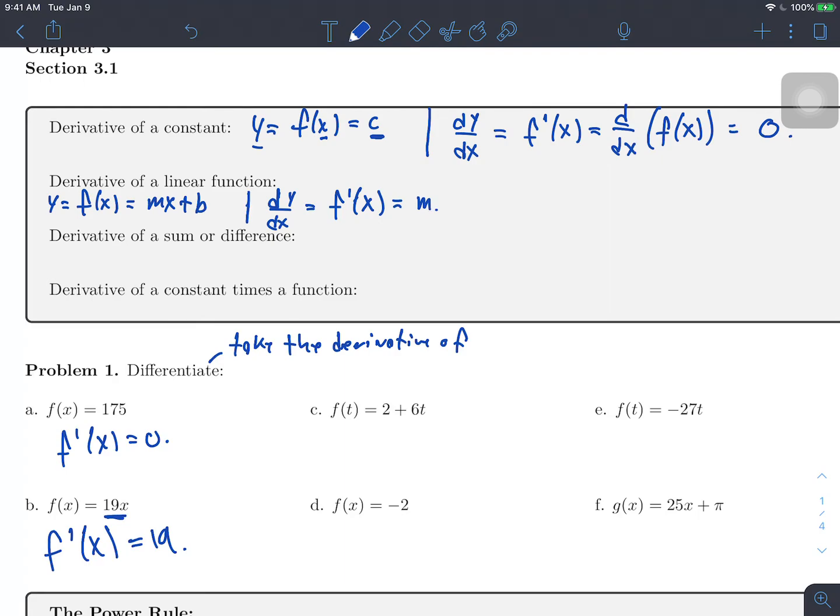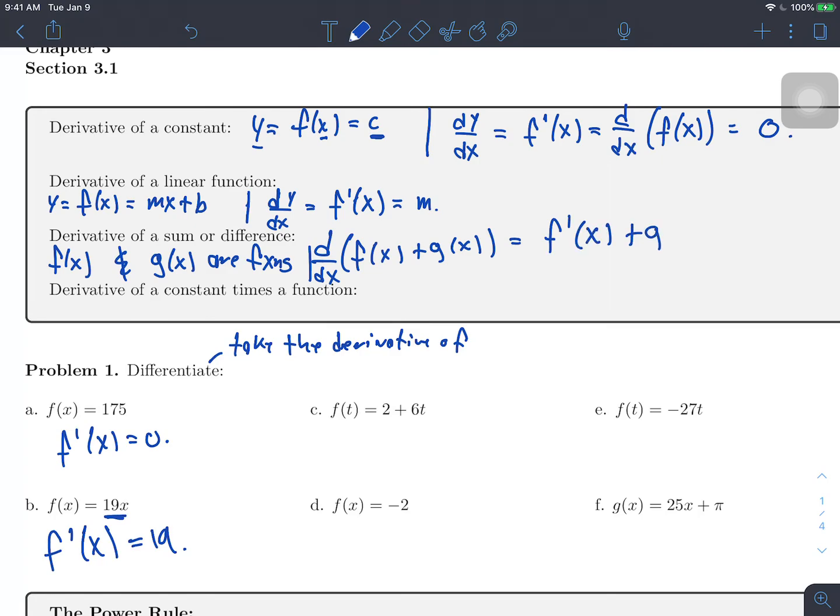I haven't gotten to the b part yet, but let me talk about the derivative of a sum or a difference first. If we have two functions, f of x and g of x, then d dx of f of x plus g of x is equal to f prime of x plus g prime of x.